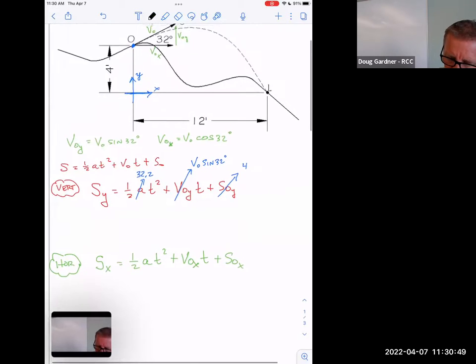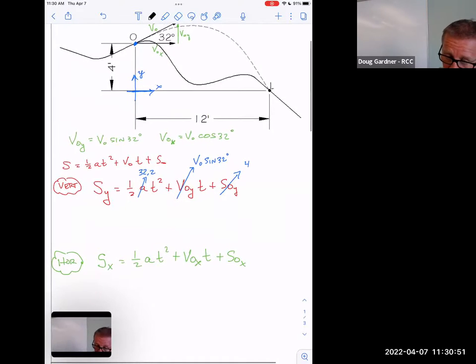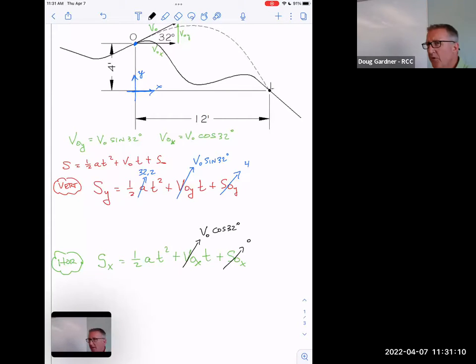You do know your initial position, which is what in X? 0. Your initial axis. Acceleration. Well, yeah, now what's the acceleration?